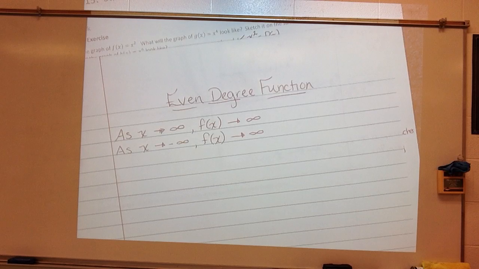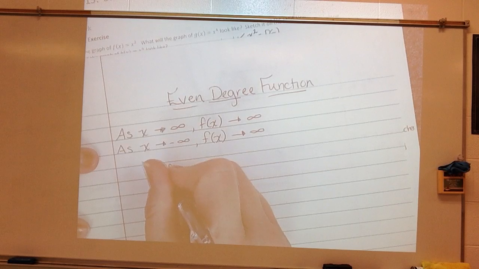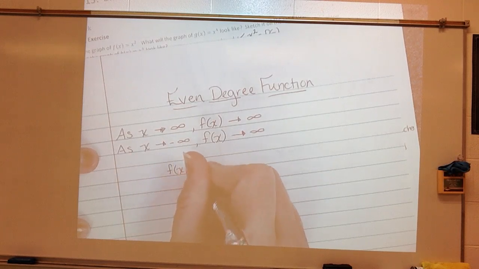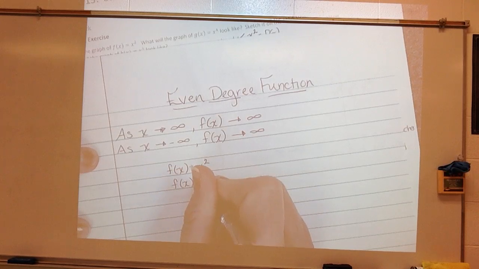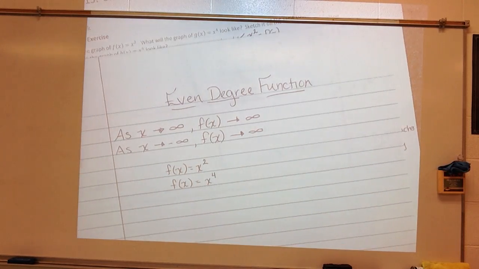Now, there's another little thing here that we need to look at. These would be examples of f of x is equal to x squared. F of x is equal to x to the 4th. Alright? I want to show you something else.